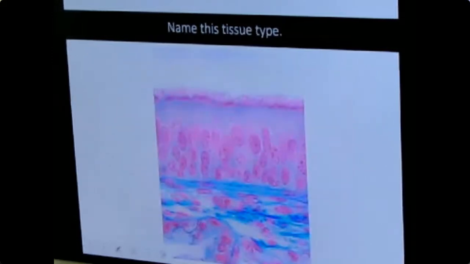Okay, then we have this one. This one's just a really pretty picture. So we're looking at this layer.